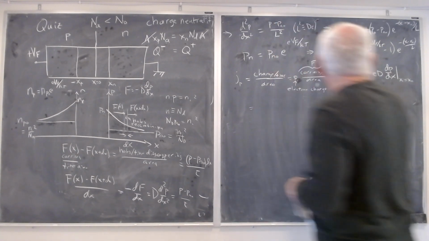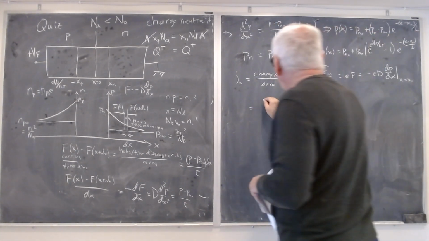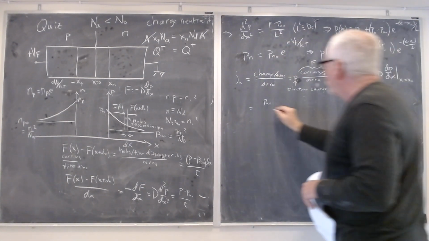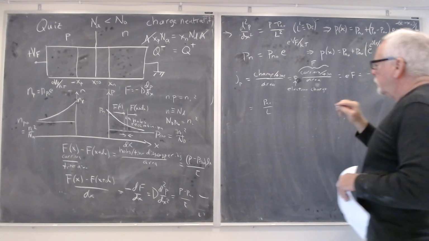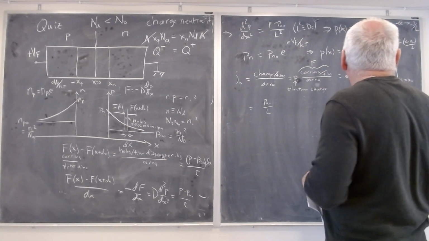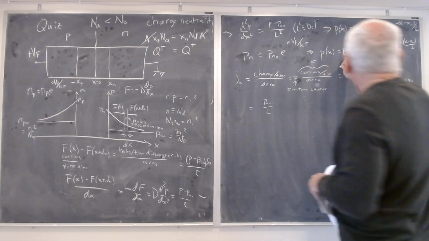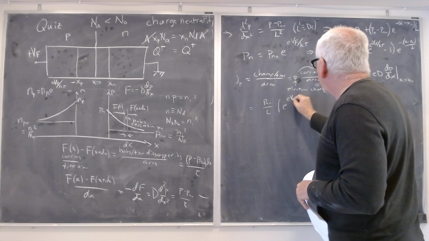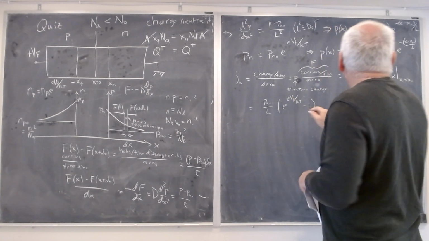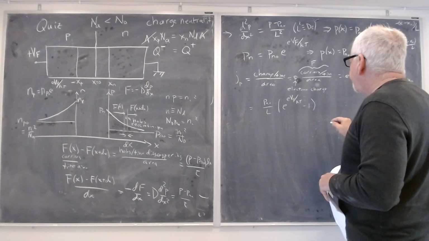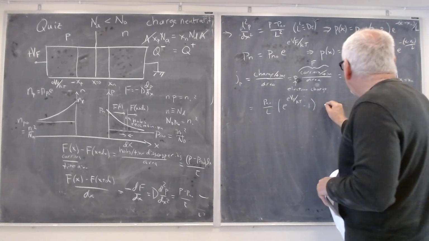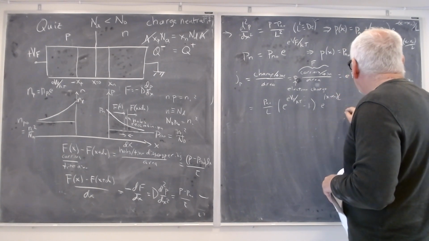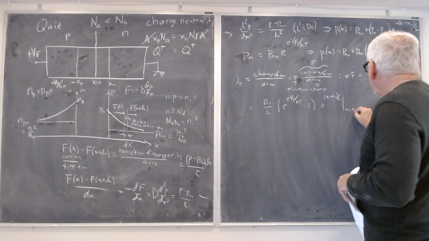So that's equal to, just look at it here, Pn0. When I take the derivative there, that gives me a 1 over L. The minus sign went away. And this one goes away because there's no derivative. e to the eVF over kT minus 1, and that's e to the x minus xn over L, but that's evaluated at x equals xn.